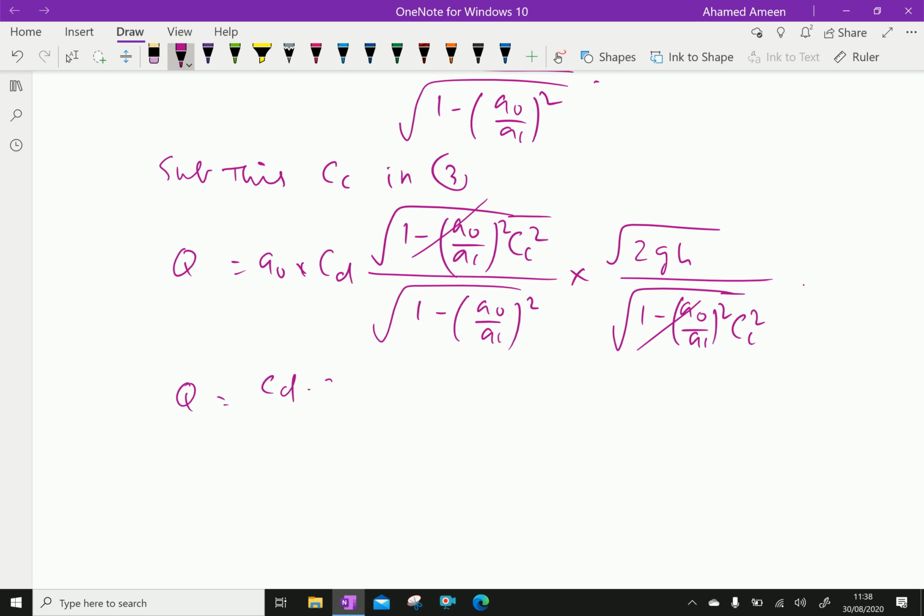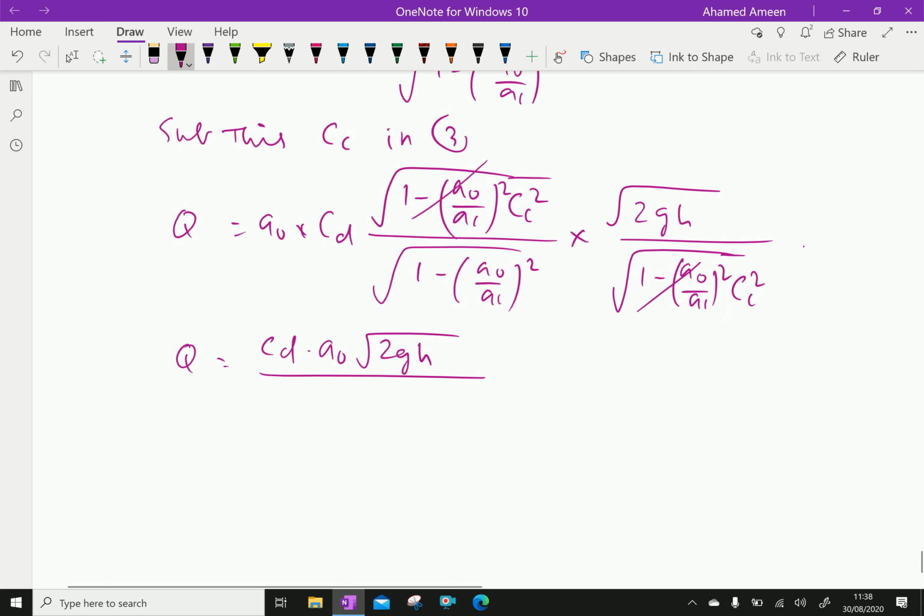Therefore we can write Q equals CD A0 square root of 2gH over square root of 1 minus A0 by A1 squared.